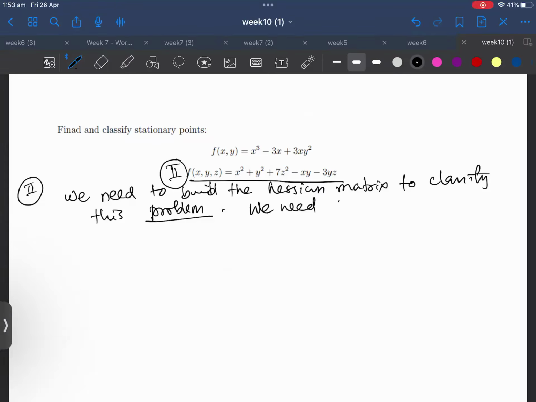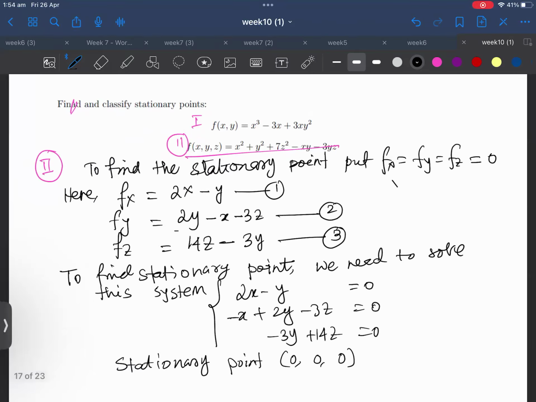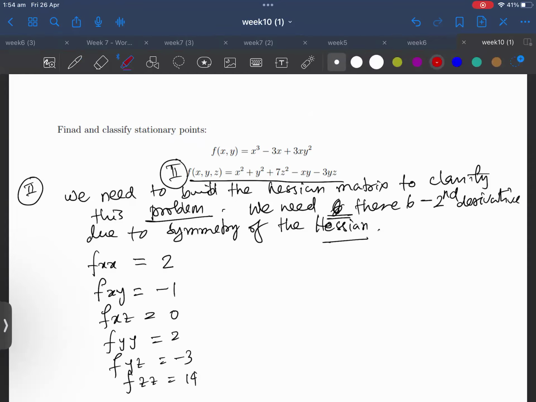If you do this, then it gives you f_xx equal to 2, f_xy equal to -1, f_xz equal to 0, f_yy equal to 2, f_yz equal to -3, f_zz equal to 14. So that will give you the Hessian matrix.